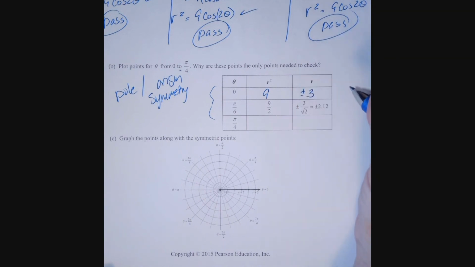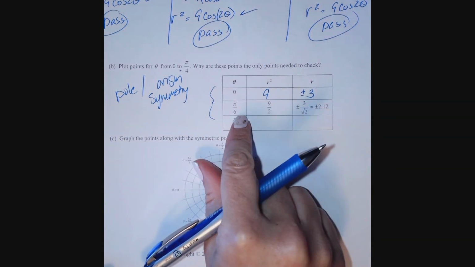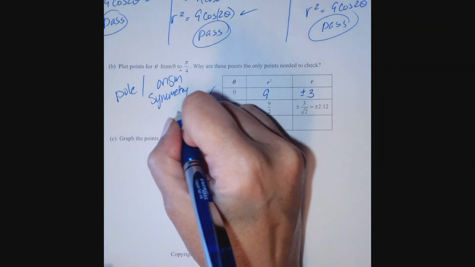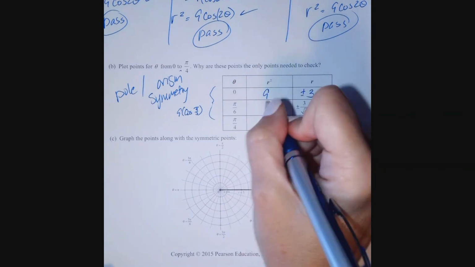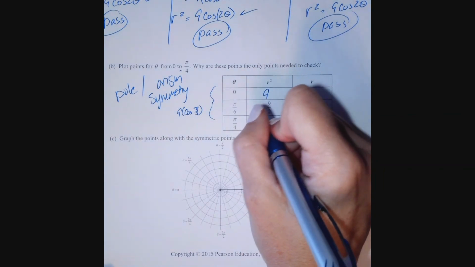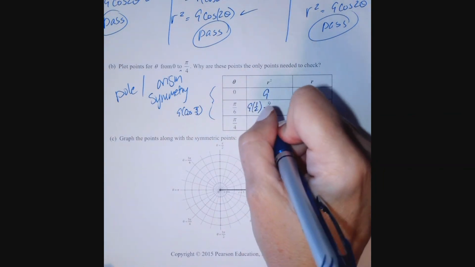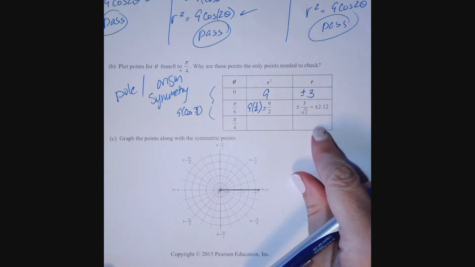Square root of 9 is plus or minus 3. All right, 2 times pi 6 is pi third. So the cosine at pi third is 1/2. So this is going to be 9 times the cosine at pi third, which is 9 times a half, or 9/2. And I take the square root of that.